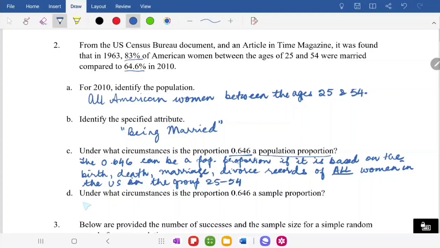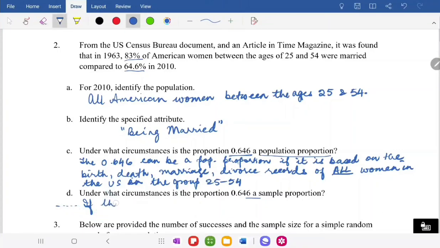And then for D, it says, under what circumstances is the proportion 0.646 a sample proportion? It would be a sample proportion if this proportion is based on a sample of women of ages 25 to 54 in the US. So you can write that, and then, all right, I'm going to put in dashes here.